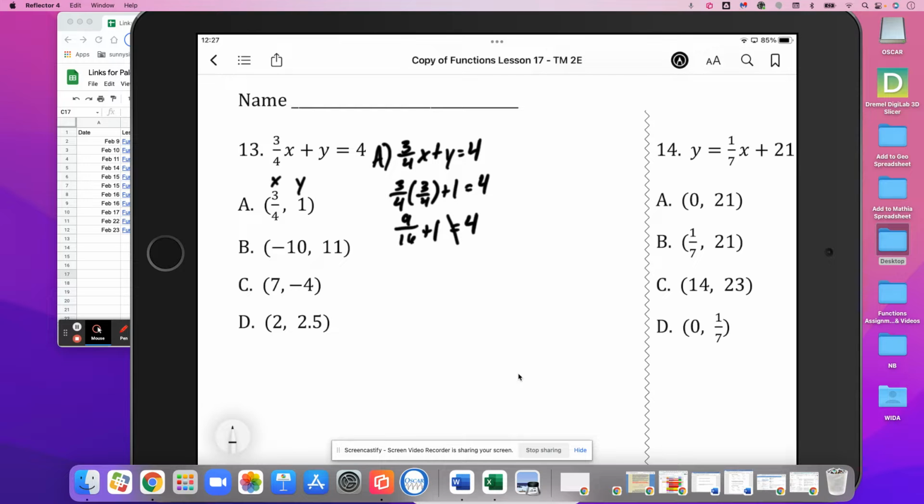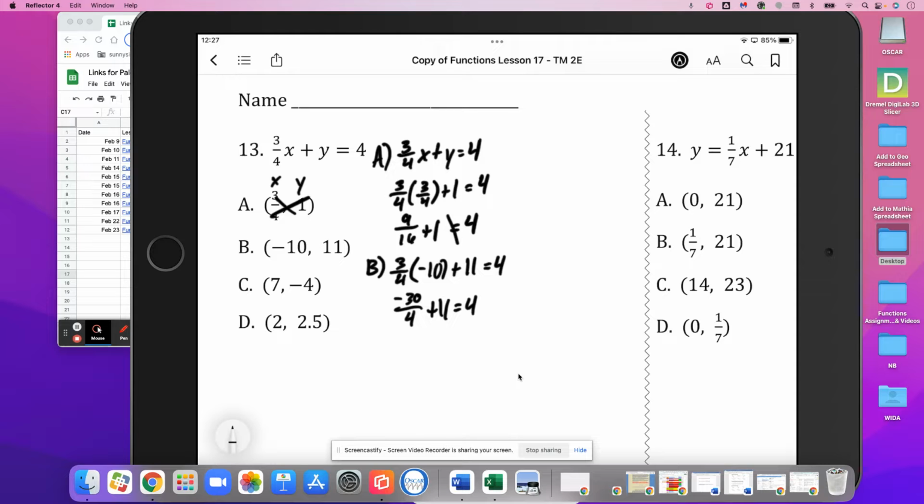That is not true. So part A is not a solution to this, does not satisfy the function. So point B, 3/4 times -10 plus y, which is 11, is equal to 4. So this is going to be -30/4 plus 11 equals 4.